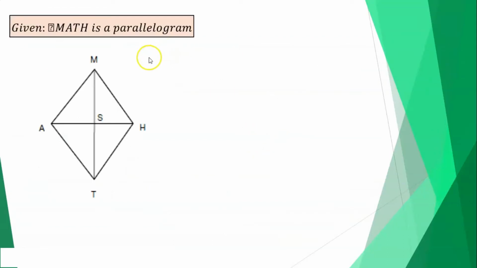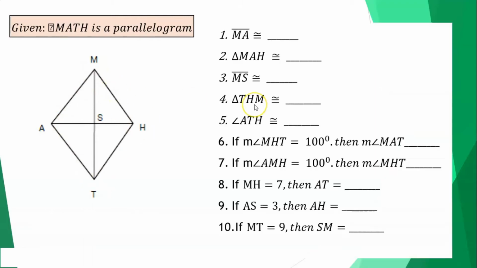Okay, now given this is quadrilateral MATH, and this is considered a parallelogram. Given this, segment MA is congruent to segment TH. So MA and TH are opposite sides. Now triangle MAH is congruent to triangle THA.